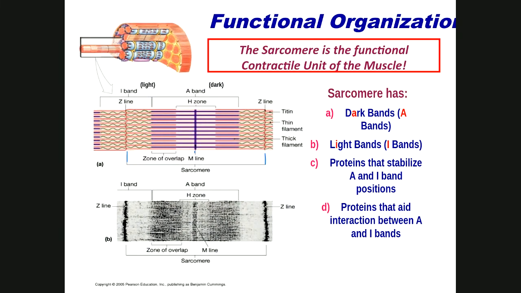The A band, which is this region, is the region of overlap. The I band here has the green fibers in it, only has the thin filaments. And we'll talk about different proteins that stabilize these filaments in place.